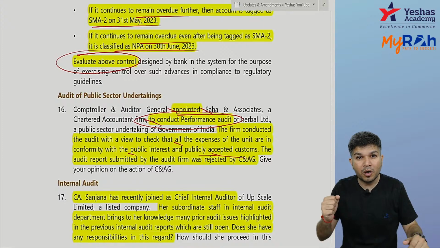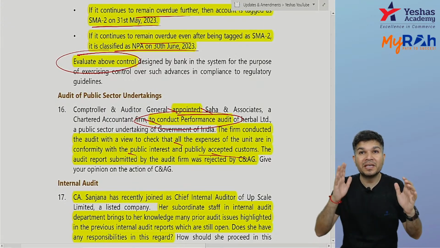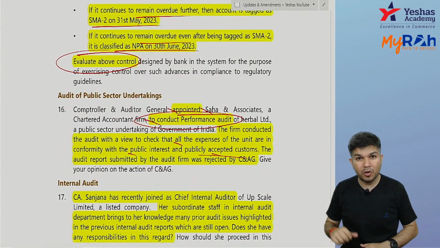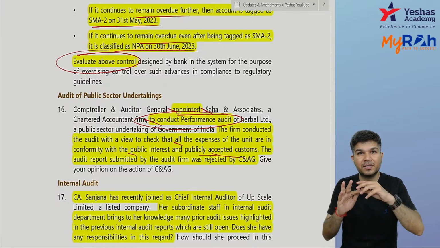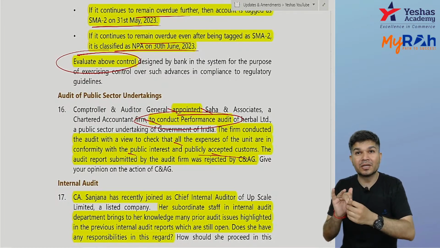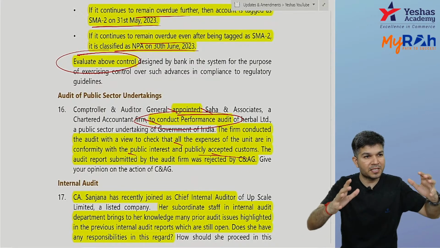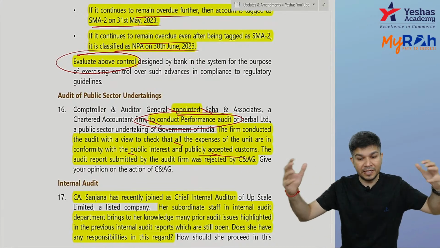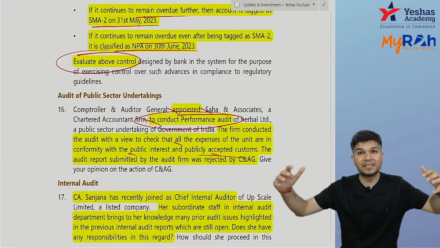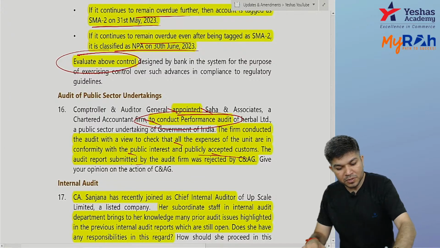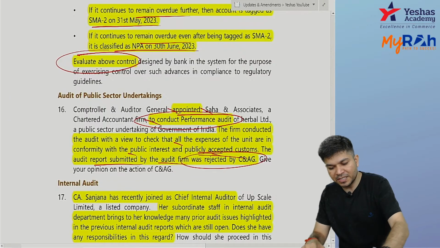You were called upon to do a performance audit. You had to see economy, efficiency, effectiveness, and whether the overall objective of the program or organization is achieved or not. And you were just checking that expenses are as per the public interest or publicly accepted custom. This is proprietary audit. The report submitted by the firm was rejected by C&AG.